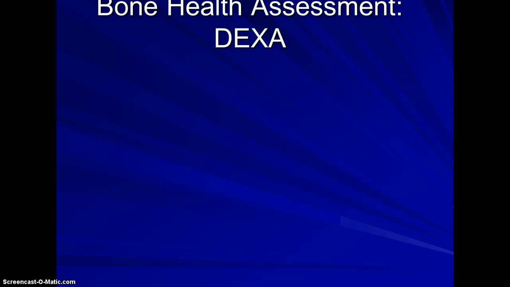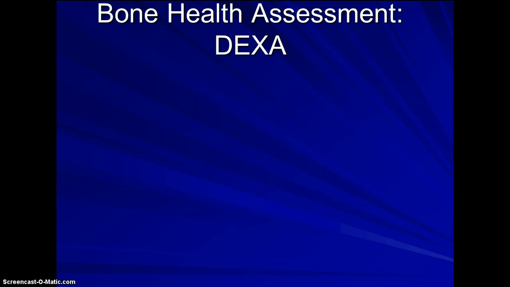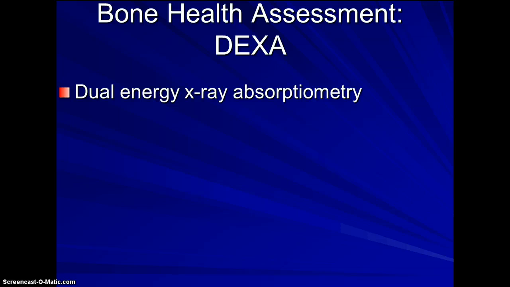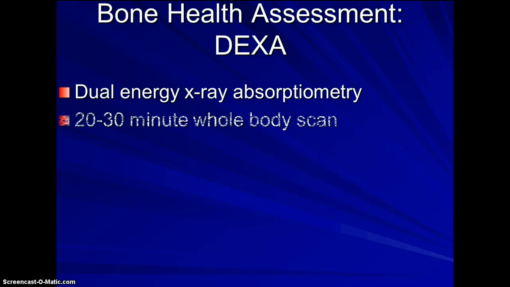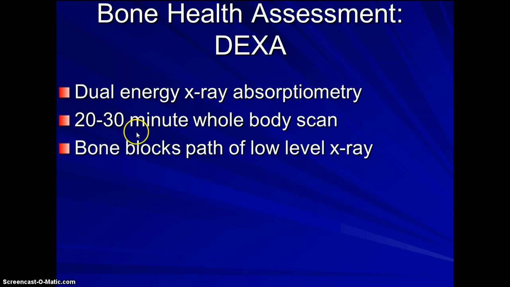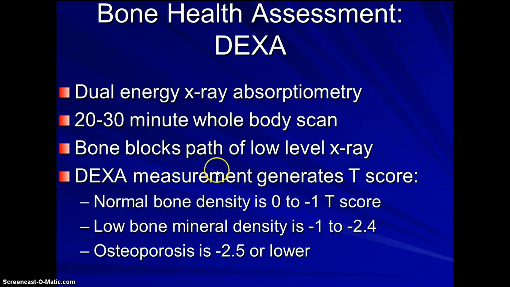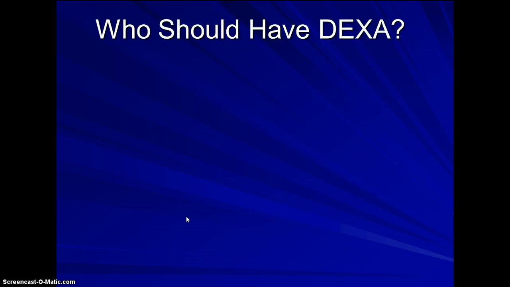How do we measure how healthy someone's bones are? It's done with a DEXA scan, which is a dual energy X-ray absorptiometry. It takes about 20 to 30 minutes to scan the whole body, and it allows you to measure something called a T-score, and it shows you when your bones are not dense.